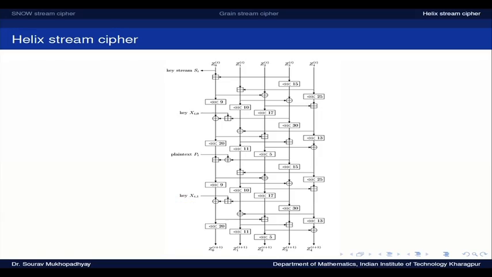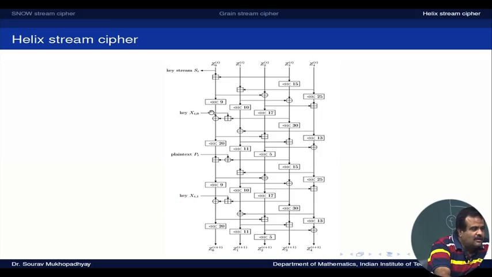Okay. One example of this is Helix. Helix is a stream cipher. This is the state, and this is the next updated state. Here, if you see, we have used the plaintext. This is 32-bit, this is bitwise XORing, this is the cyclic rotation operation, and these are the keys. So this involves the plaintext, and that's why it is called an asynchronous stream cipher.